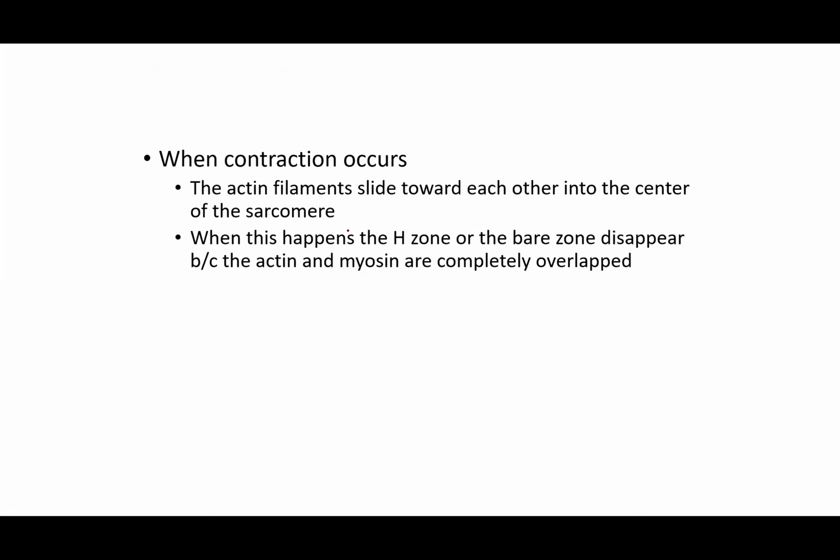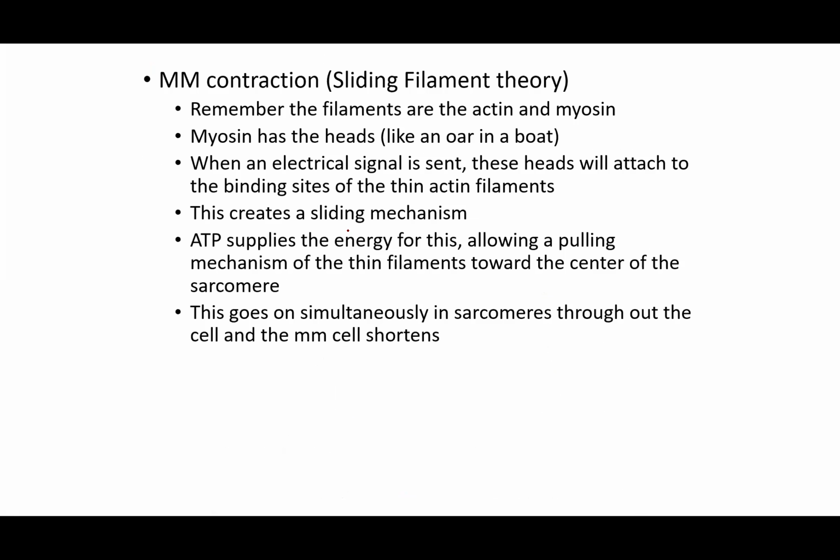All right, so what ends up happening now, I'm going to explain. All this that we're talking about is called the sliding filament theory. Remember your myofilaments are actin and myosin. The myofilaments, you can also just simply say filament. So these filaments are the actin and the myosin.